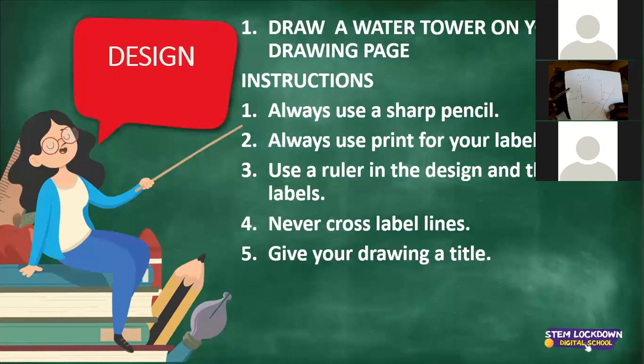And the labels must not cross. They must be straight. Now, in science, it's very important to write measurements. You must know the height of your tower, meaning from here up to here, it must not be over 30 or 40 centimeters.